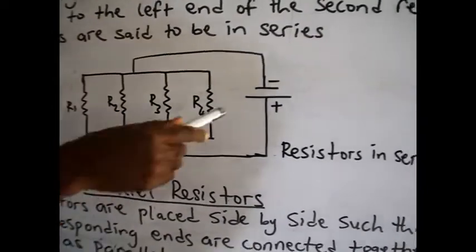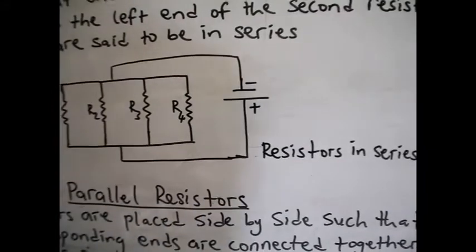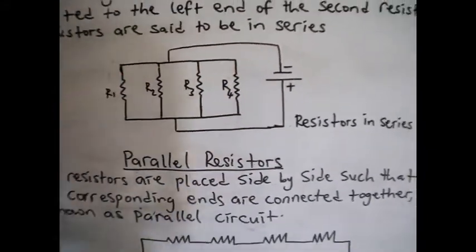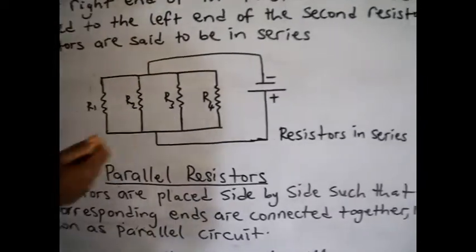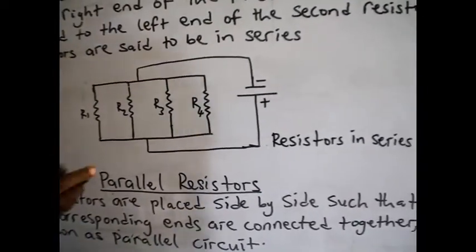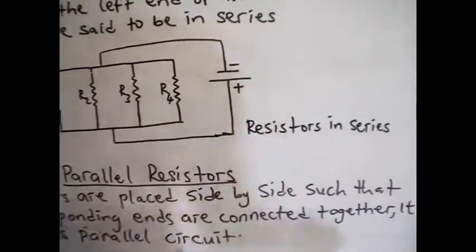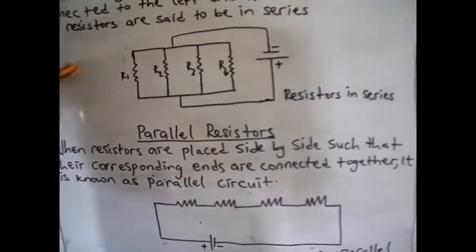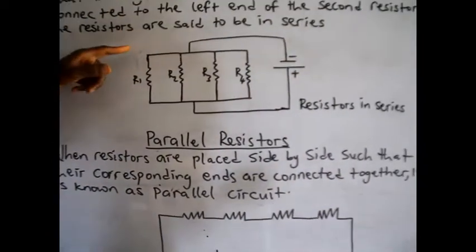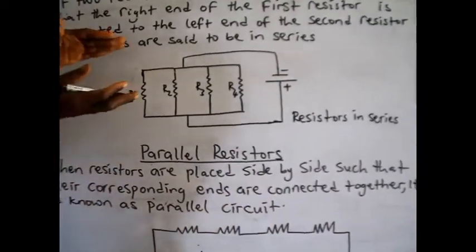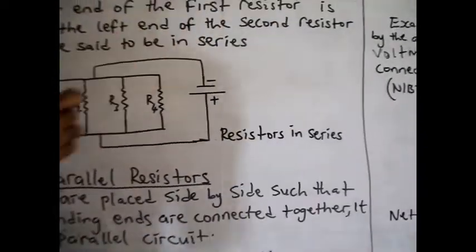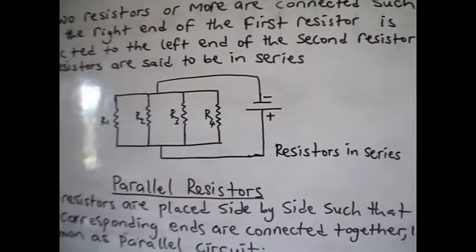So when a battery is connected to this arrangement, the current passes in a direct proportion. Because the current passes in a direct proportion, there is no break whatsoever. We say that the resistors are connected in series. I'll take it again: when you see a series connection, it means that there is no break. Let me give you an illustration.